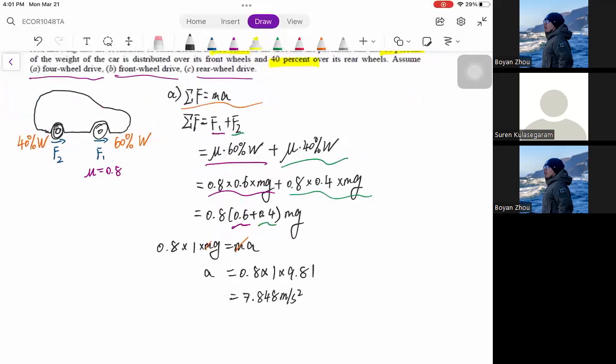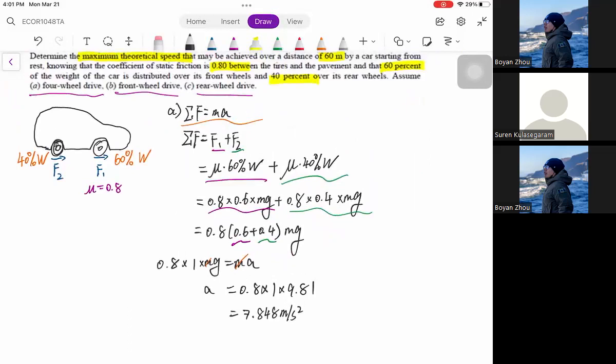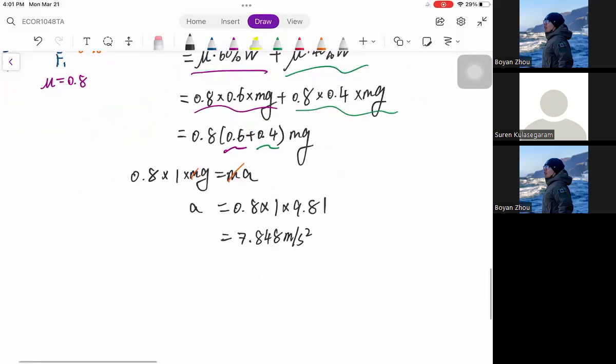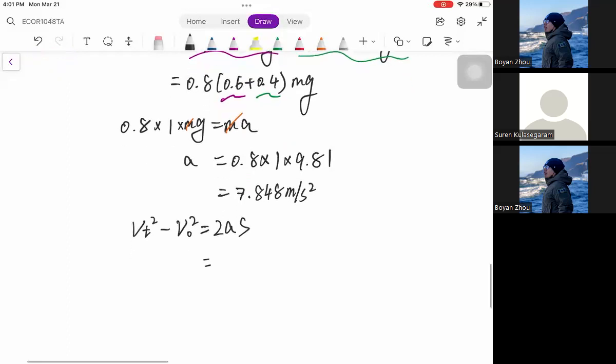So now we have the acceleration, and we're going to calculate the speed when the car moves 60 meters. Again, we use this formula: the final velocity to the power of 2 minus the initial velocity to the power of 2 is equal to 2 times a times s. The final velocity is the one we're looking for.